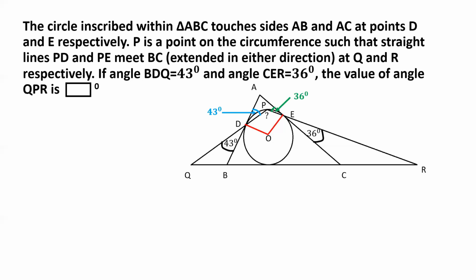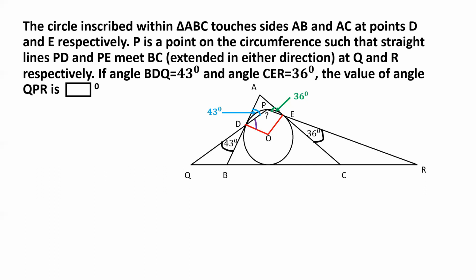Next, consider what will be the value of angle PDO. So that's the angle that's marked in purple. Now, angle ADO as a whole should be 90 degrees because OD is perpendicular to AB, right? And a part of that angle is angle ADP, which we know is 43 degrees.